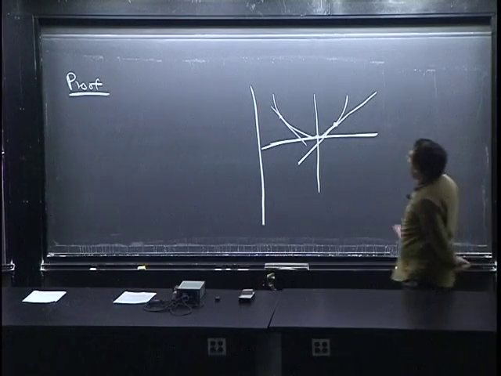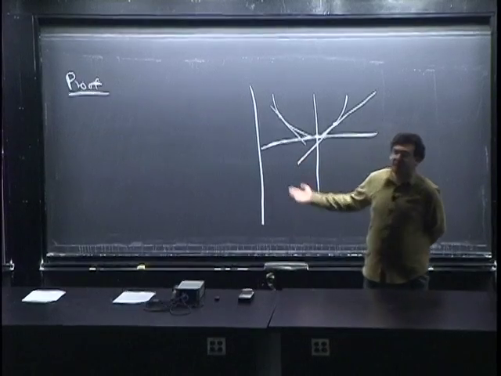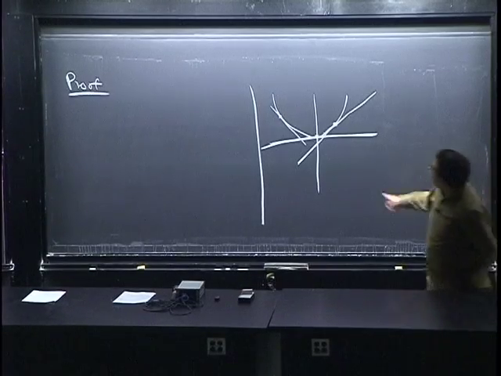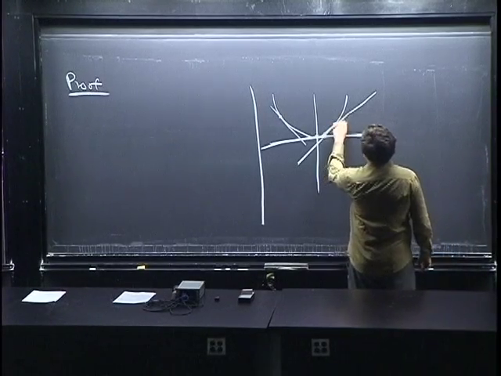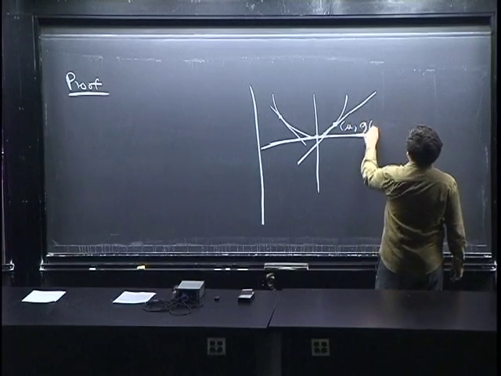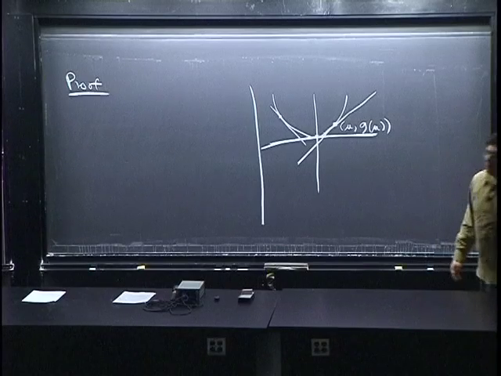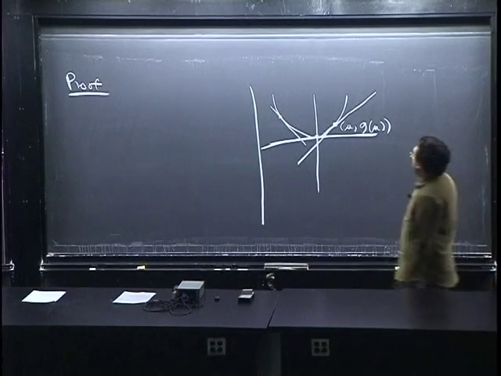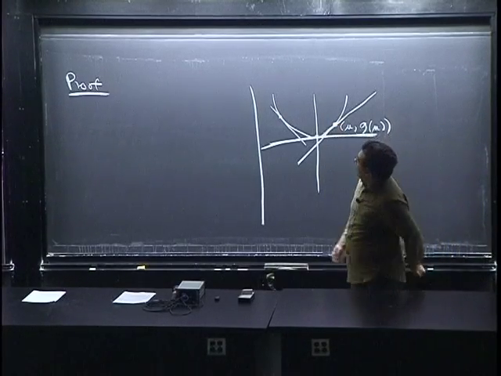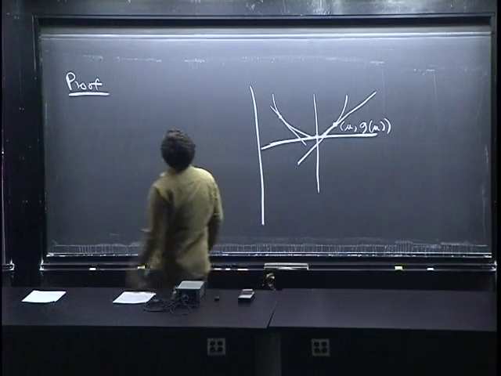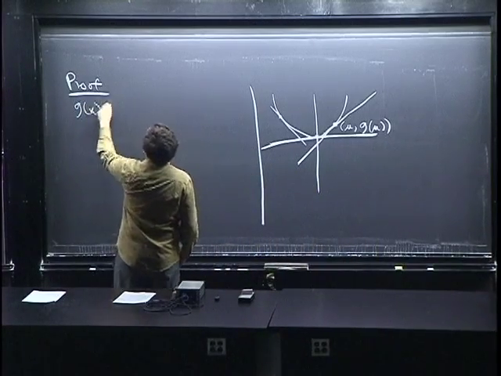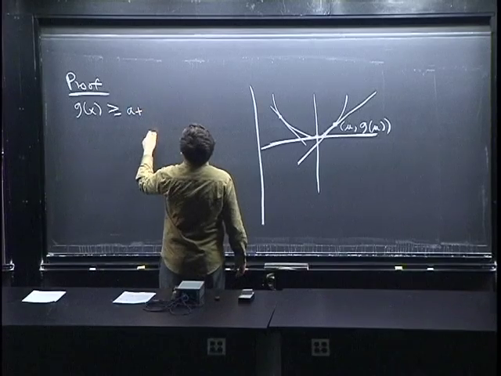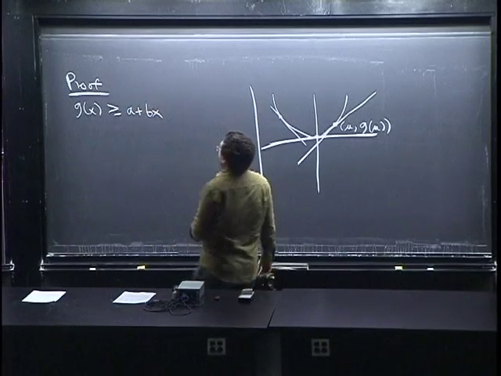So that's essentially the only fact that we need for the proof of Jensen's inequality. So let's actually draw this line. Say this is the point mu, g of mu. That's a point on the curve, and suppose we draw a tangent line there. Then what we're asserting is that g of x is greater than or equal to a plus bx, the equation of the line.